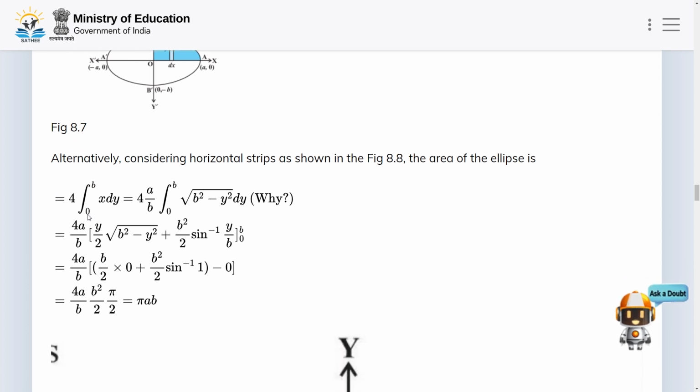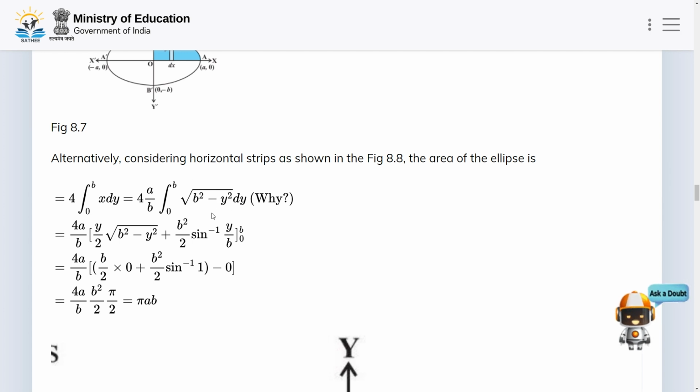So limits will be 0 to b. 4 multiplied by integration 0 to b of x dy. This x must be expressed in terms of y, so you write 4 times a by b, definite integral 0 to b of root of b square minus y square dy.